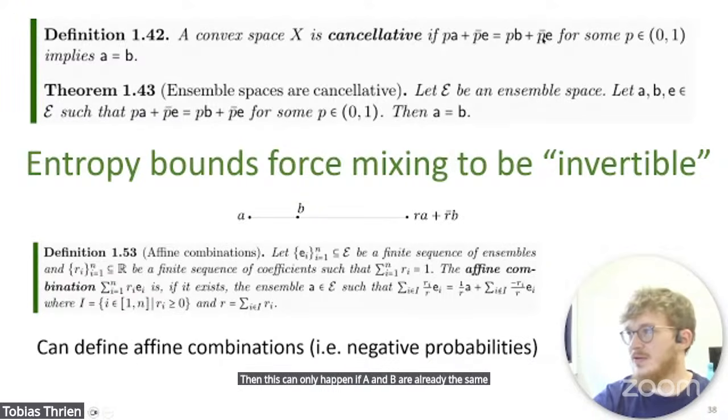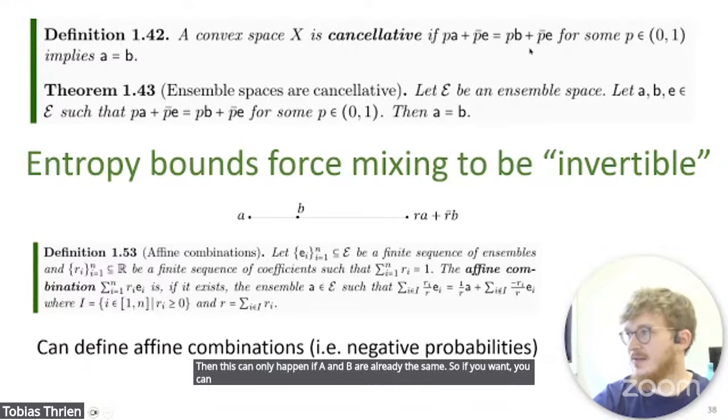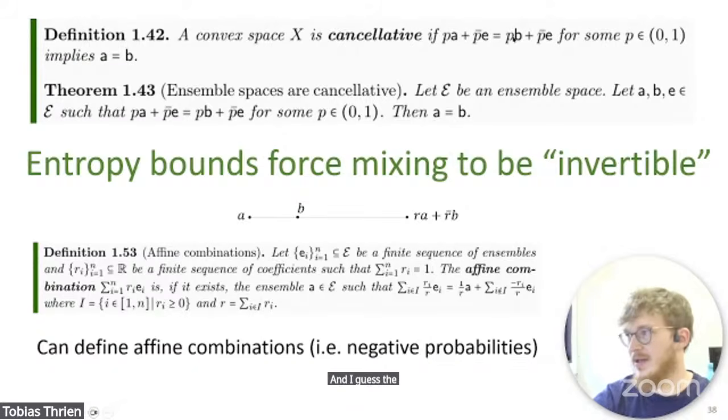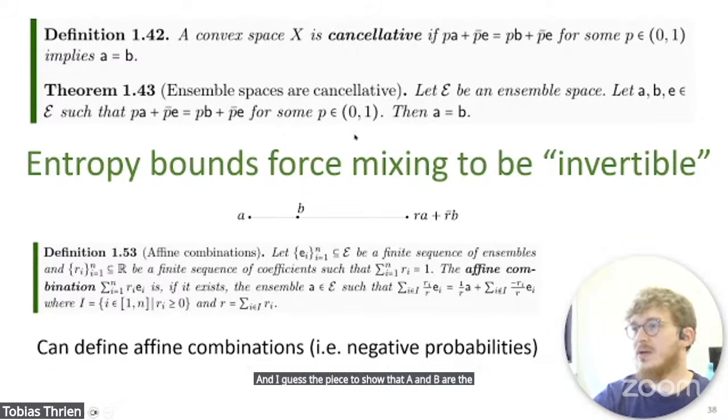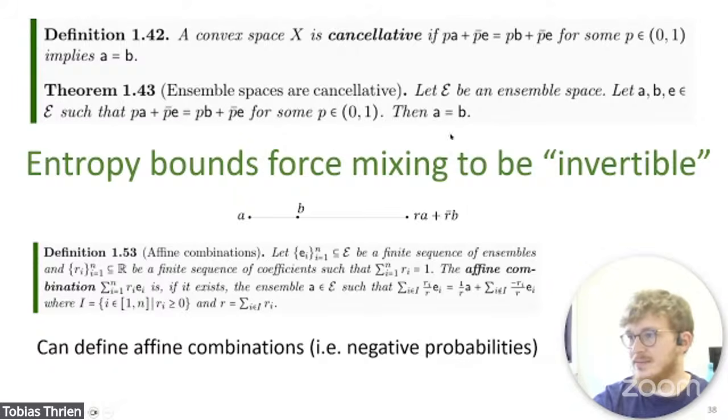So you can cancel the E on both sides to show that A and B are the same. This is automatically true: once you put an entropy on that space, it will be cancellative.